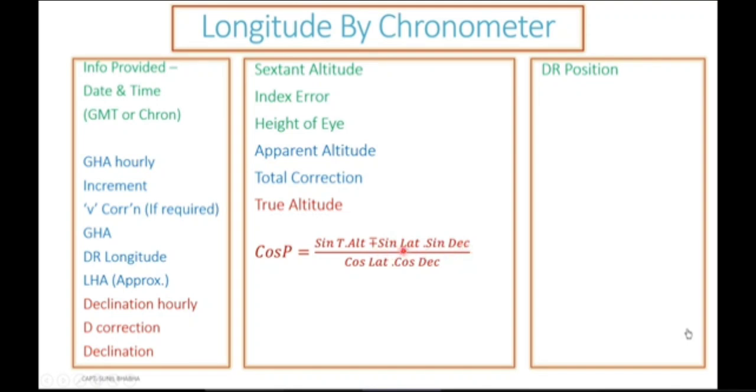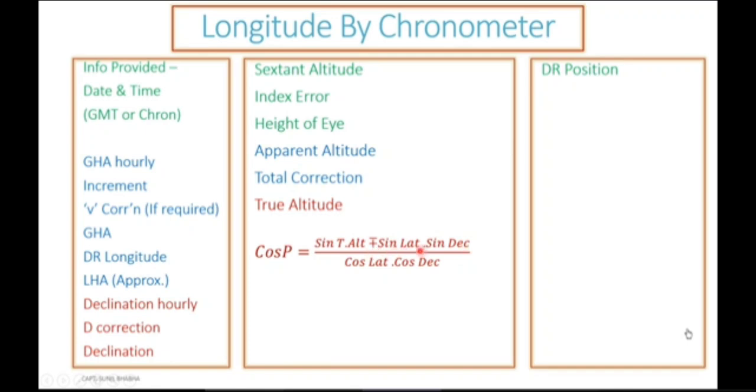So when latitude and declination are of the same name, we will have the upper sign, which is a minus in this case. And when they are of opposite names, we will have the lower sign, and that is plus.